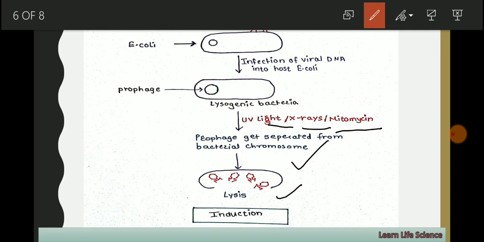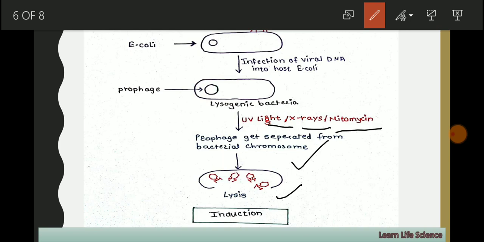So what we are doing here is exposing a lysogenic bacteria containing integrated prophage to radiations like UV light or X-rays or mitomycin, and due to the exposure to such rays, the integrated prophage gets separated from the bacterial chromosome, and as soon as it gets separated, it switches to the lytic pathway.